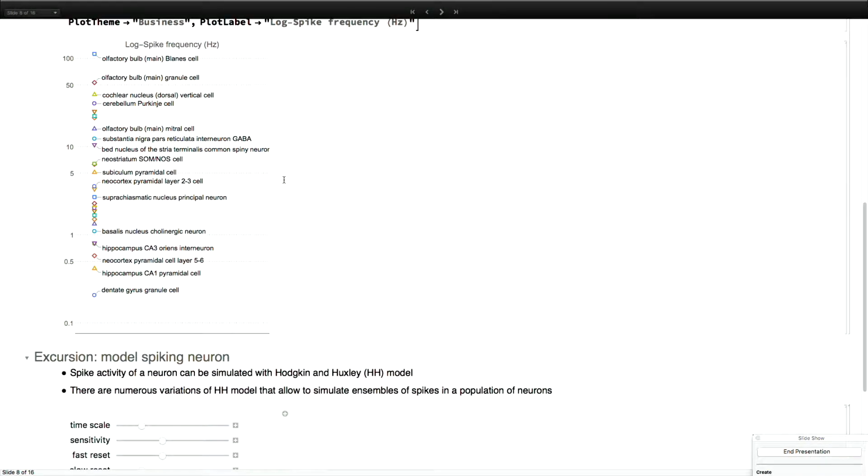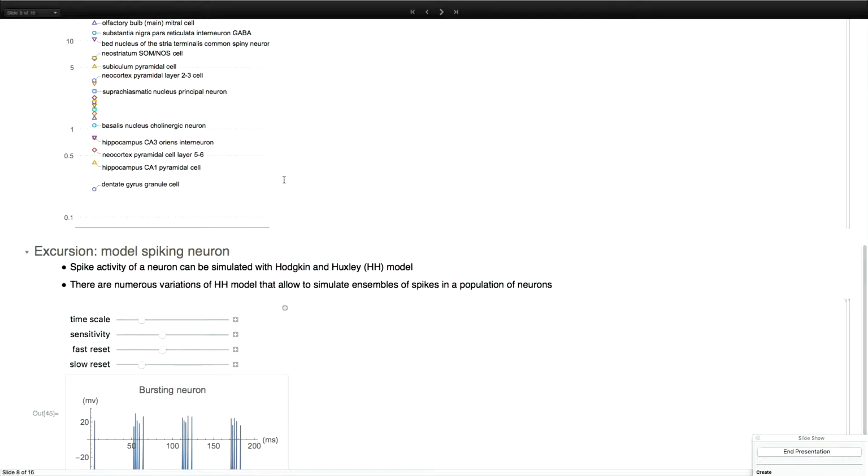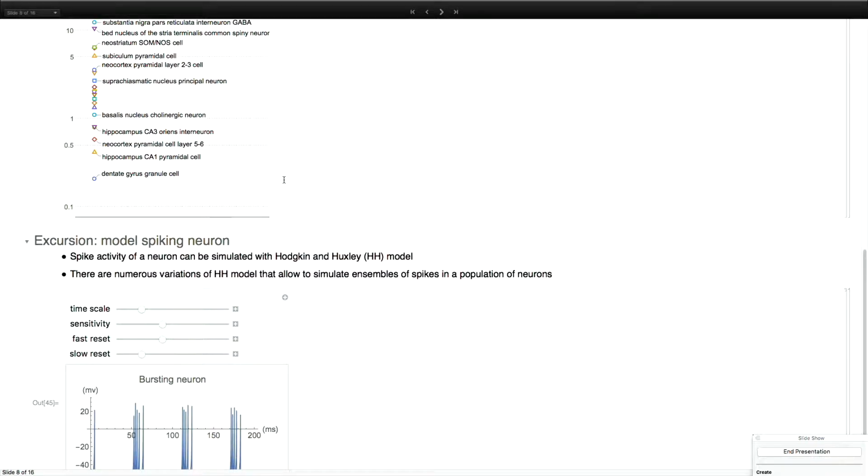And this is just a small excursion from the main topic, but we can also model spiking neurons. Mathematica is fully equipped for solving differential equations, so we can take advantage of that and model spike activities using the Hodgkin-Huxley model.